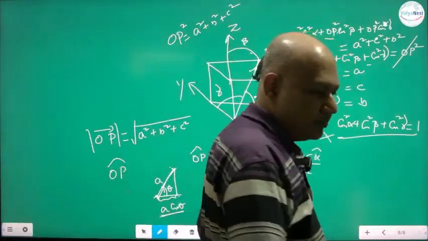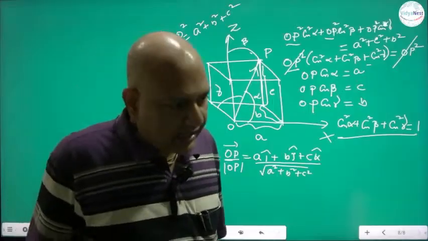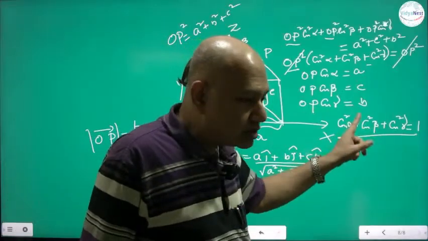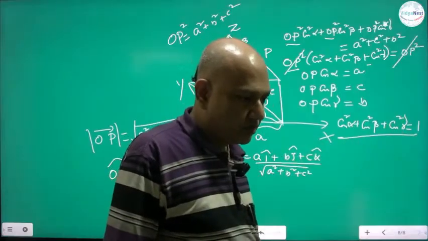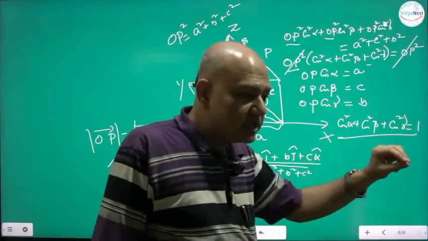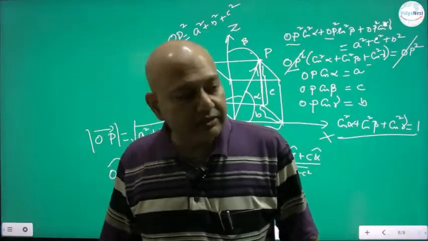So Saurabh, hello, this is clear. Cos square alpha plus cos square beta plus cos square gamma is equal to 1. This is actually a special property.